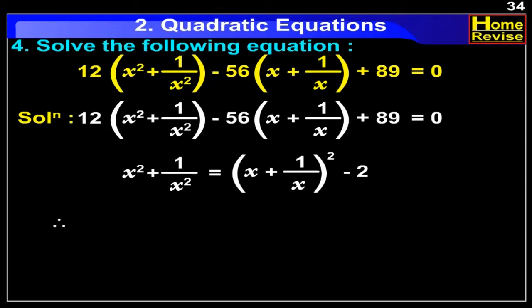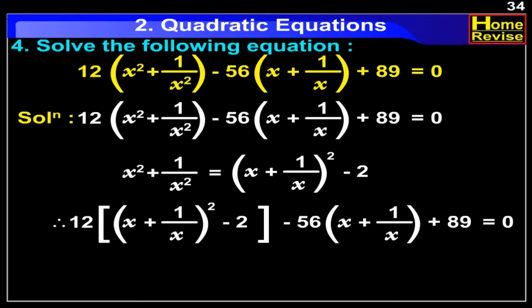Therefore, putting this value, we get 12[(x + 1/x)² − 2] minus 56 into (x + 1/x) plus 89 is equal to 0. Let x + 1/x be equal to m.